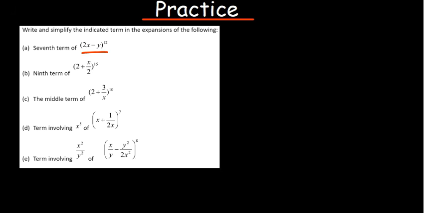For example, that one, understand that since it is raised to the power 12, you start with 12 choose 0, and then your a in this case is 2x, so it will be the power 12 minus 0, which is just 12, and then negative y will be the power 0.